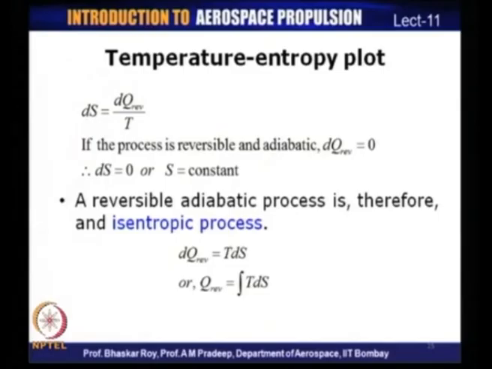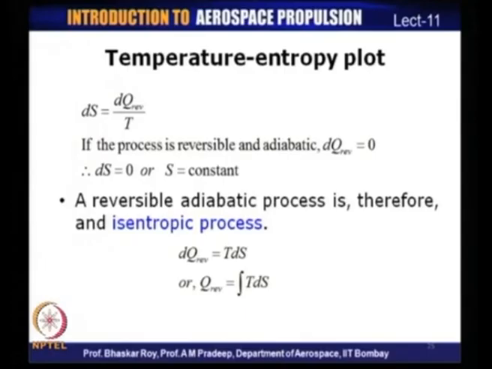Now, if the process was adiabatic in addition to being reversible, then dq will be equal to 0. If dq is equal to 0, it would mean that dS is also equal to 0, or S will be equal to a constant. That is, a reversible adiabatic process will therefore be an isentropic process.